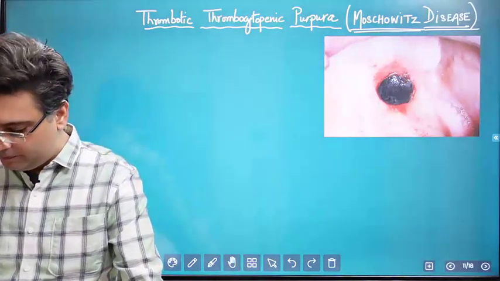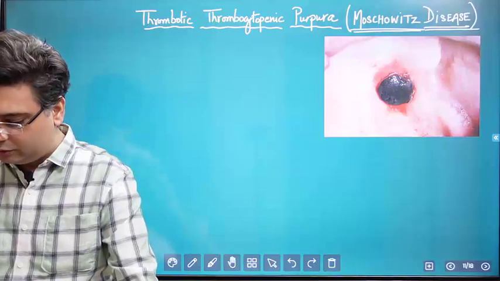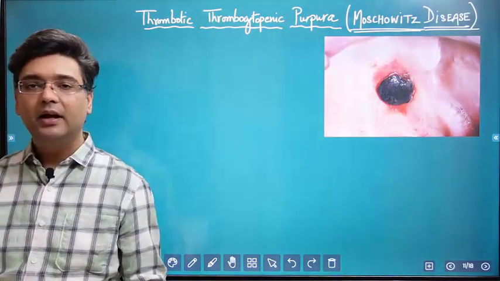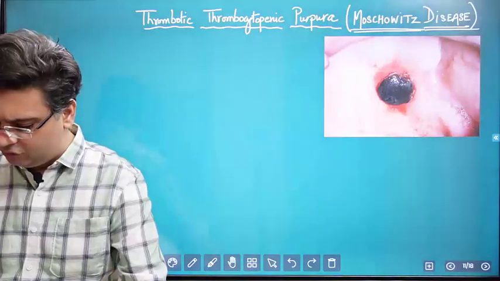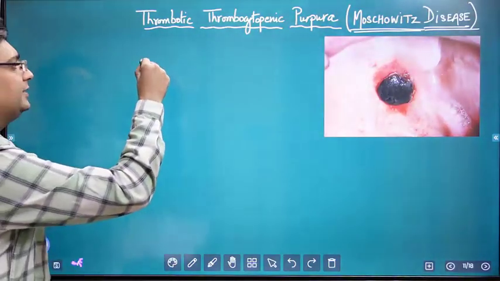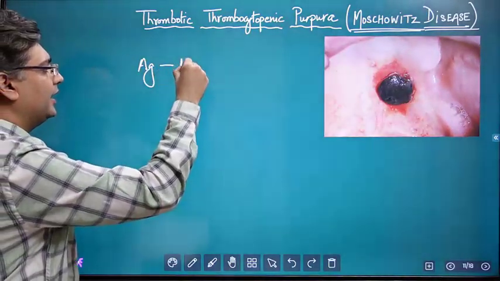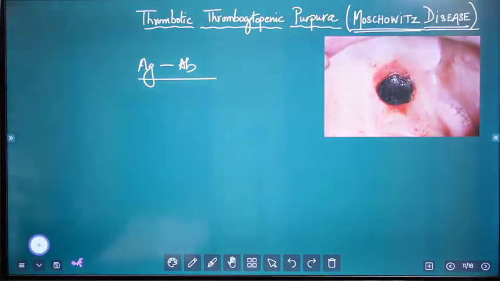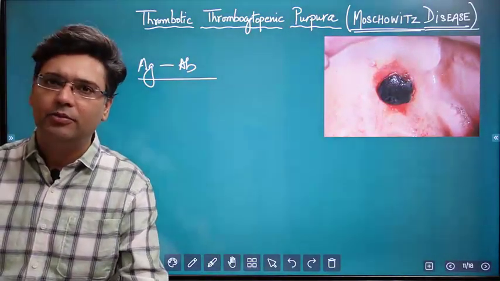We find microvascular lesions, and again we have antigen-antibody reactions, but these are more generalized as compared to primary thrombocytopenia.